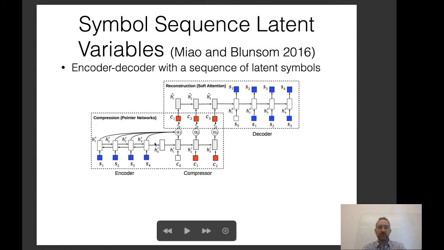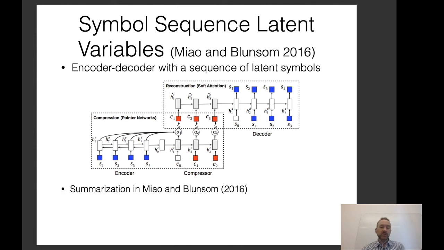And so what we have is essentially an encoder model, and the encoder model predicts some discrete latent variables. Then we have the decoder model that takes in the discrete latent sequence and tries to re-predict the output. So this is basically generating a sequence of latent variables and then decoding.